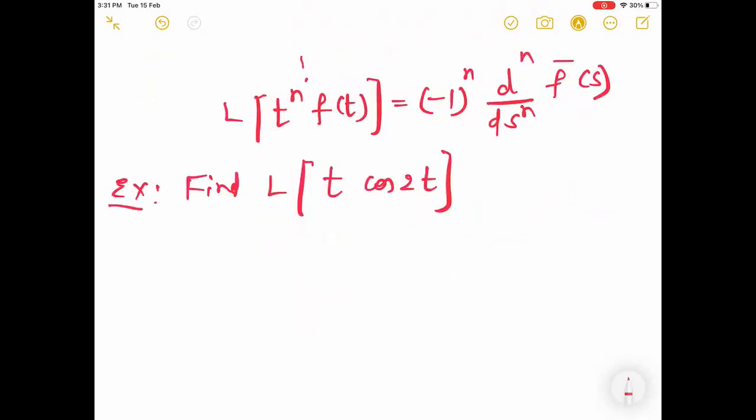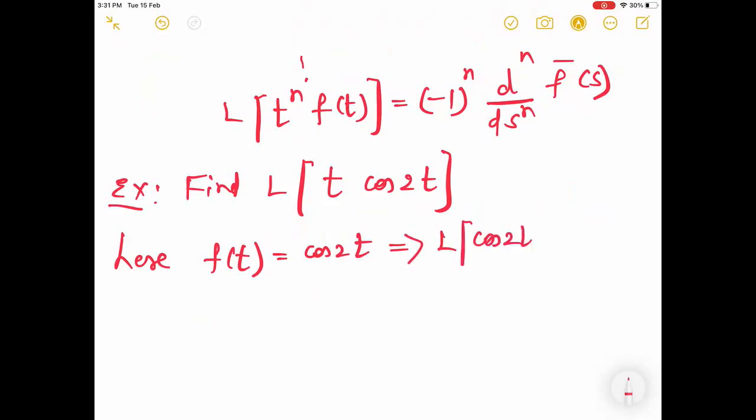So in this case, what is f of t? Cos 2t. And what is its transform? What is the cos 2t transform? s upon s square plus a square.